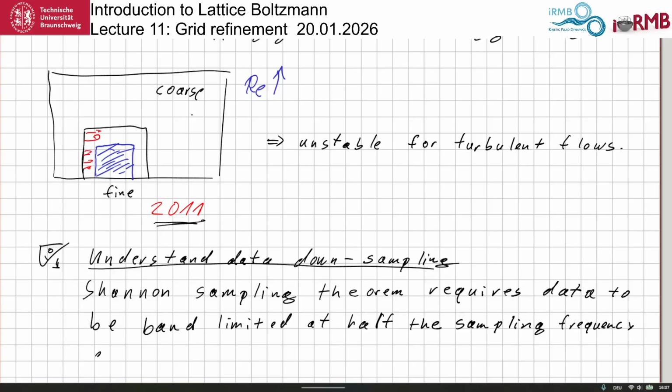In lattice Boltzmann, we always talk, we have a lot of aliens here. To avoid aliasing, however you want to pronounce this.